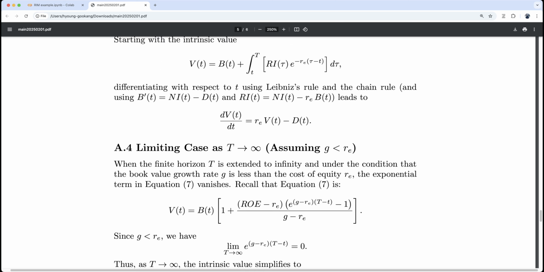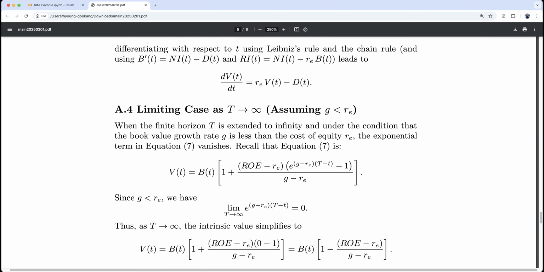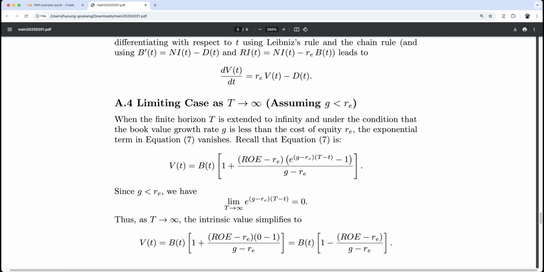Now the limiting case, when T is infinity, assuming of course that g is less than r_e. When the final horizon T is extended to infinity, and under the condition that the book value growth rate g is less than the cost of equity. If the book value growth g is greater than the cost of equity, the company grows forever. It does not make sense. It conquered the world. Actually, it conquered the universe. It does not make sense, right?